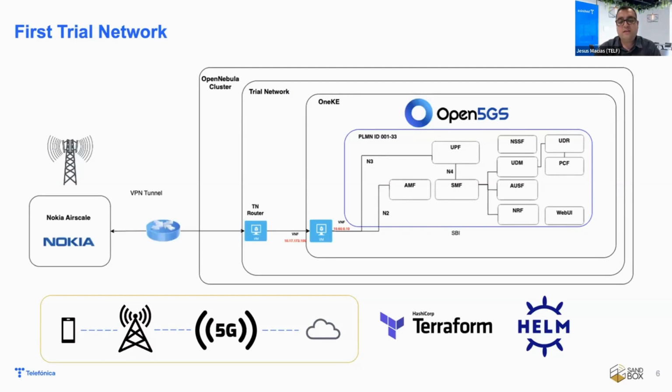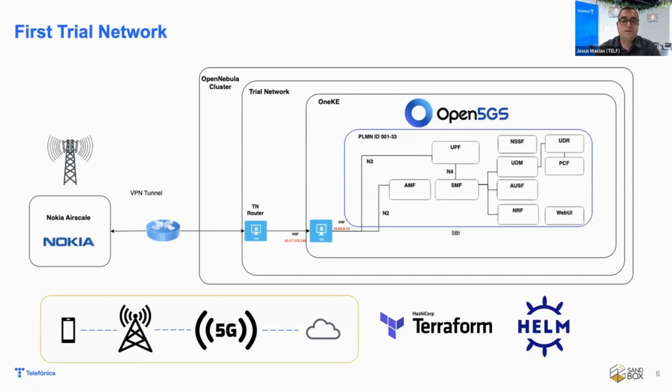The steps that we follow here: the first one is that we deploy the virtual infrastructure with Terraform. So we create the virtual data center that hosts the trial network and all the components inside, the router VM and the OneKE cluster. In parallel, we use Ansible and Robot Framework to configure the physical radio equipment, because we need to create some configuration on the Nokia equipment.